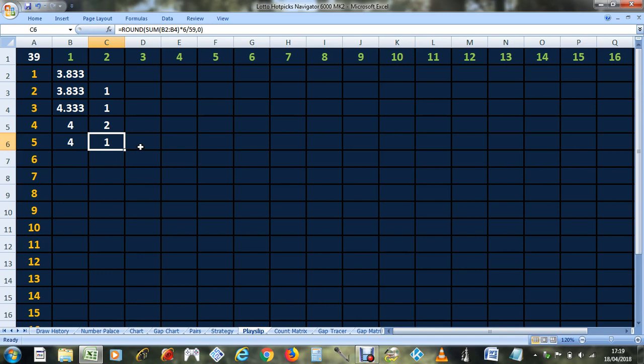So that proves we'll have 1 number there. See, what I've done is I've taken the sum of, oops, I missed the number out. Yeah, that proves that we'll have 2 in that square. And then we move on to the next one. So if we took 4 out of here, that's 35.